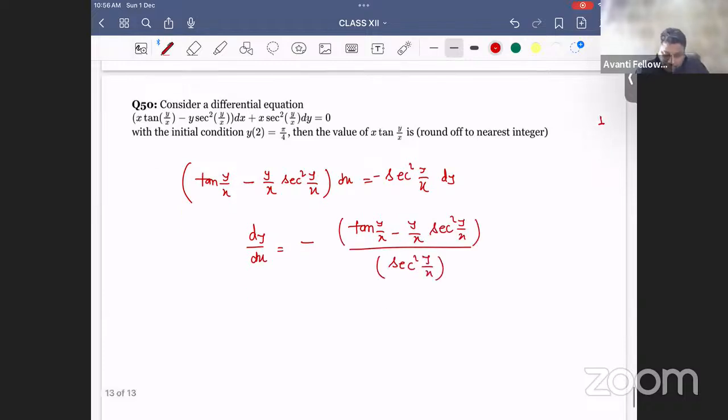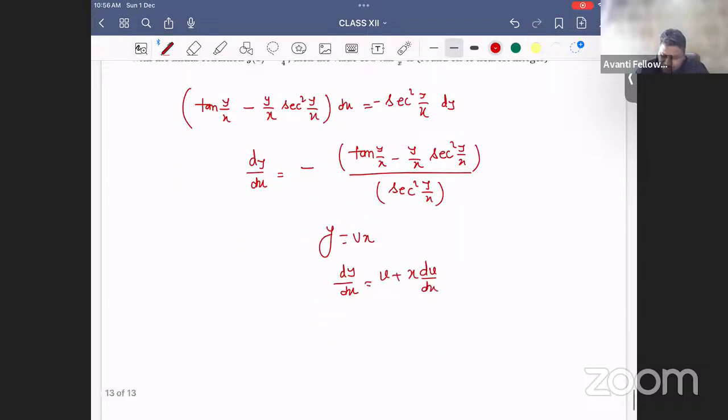Got it? Now assume y as vx. So dy by dx is v plus x dv by dx. So that means v plus x dv by dx is v secant square v minus tan v upon sec square v. Got it?